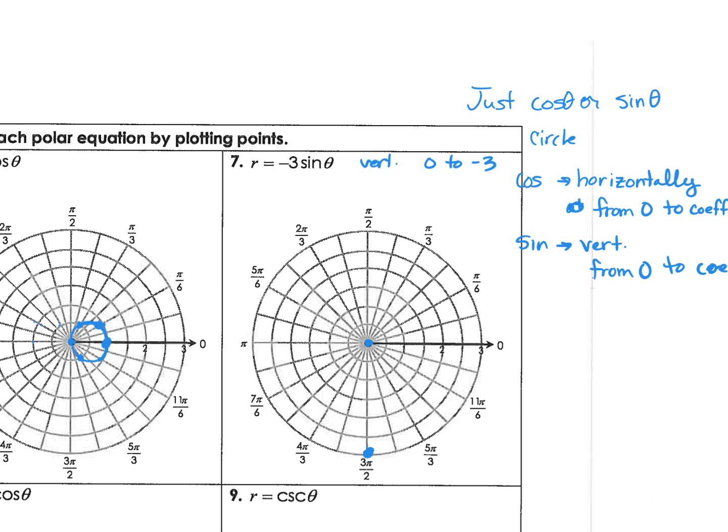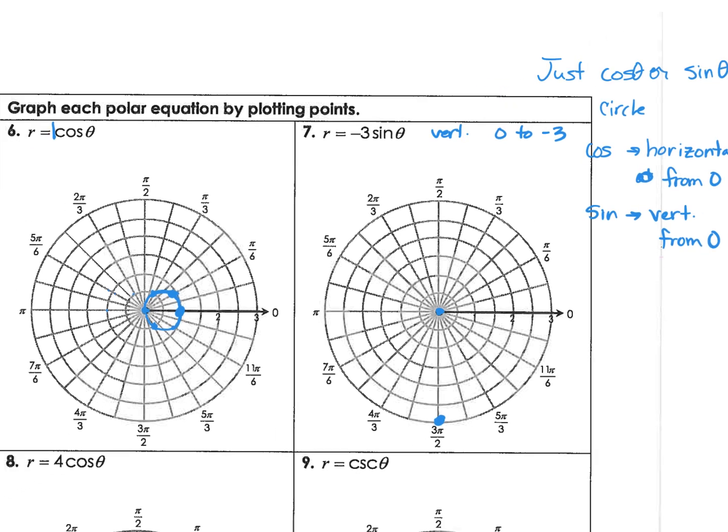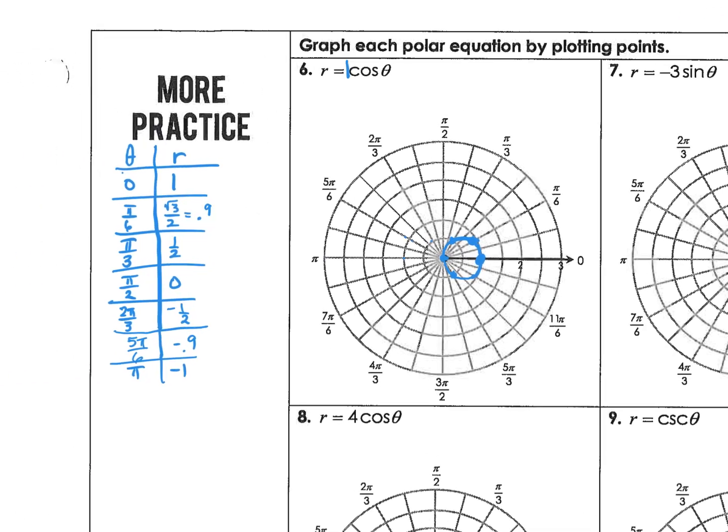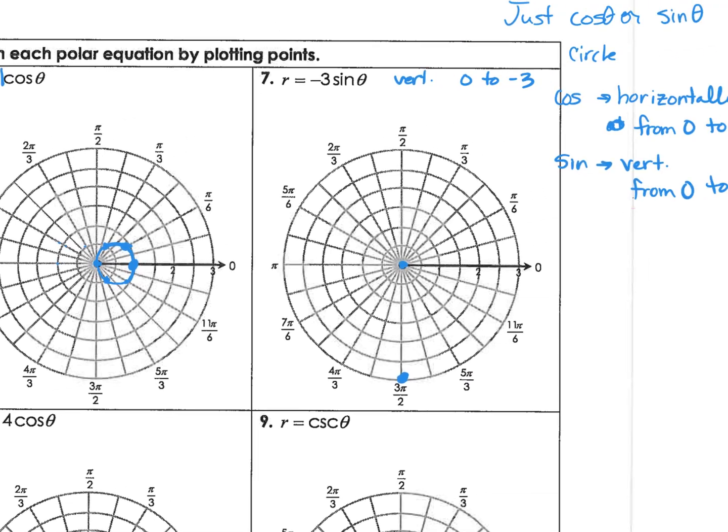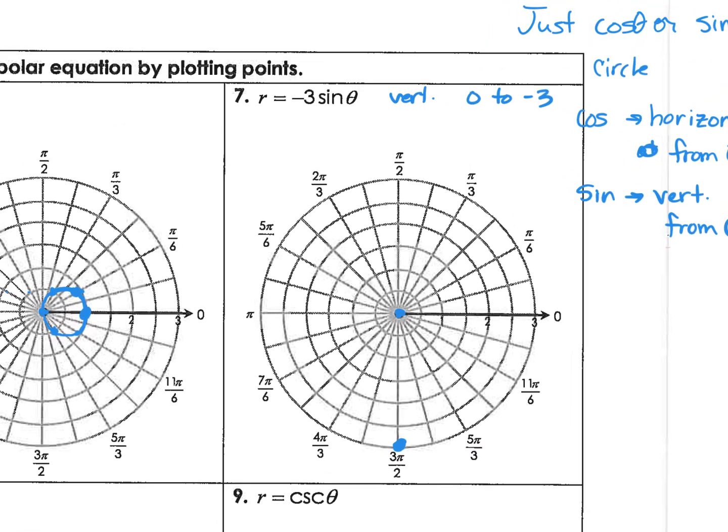All right, and let's see if we can figure out where it would be halfway. For this, it would be pi over 6.